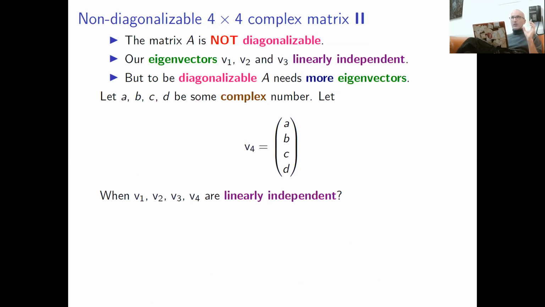I still want to repeat my diagonalization process. I know that I'm not going to succeed, but again, hope dies last. So maybe who knows? Maybe there's going to be a miracle. Maybe the theorem was wrong, and I'm going to diagonalize my matrix. Of course, it's not going to happen. Miracles do not happen, but still I can try.